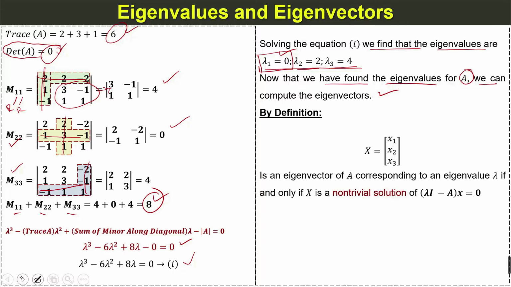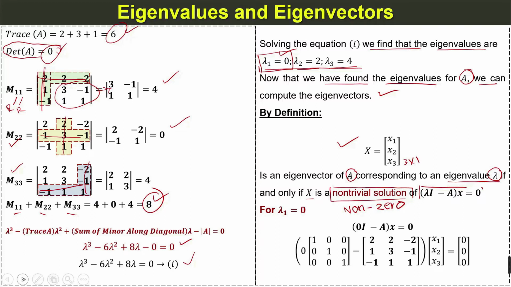By definition, x, a 3 cross 1 vector, is an eigenvector of A corresponding to an eigenvalue lambda if and only if x is a non-trivial solution of this equation. Non-trivial means non-zero.